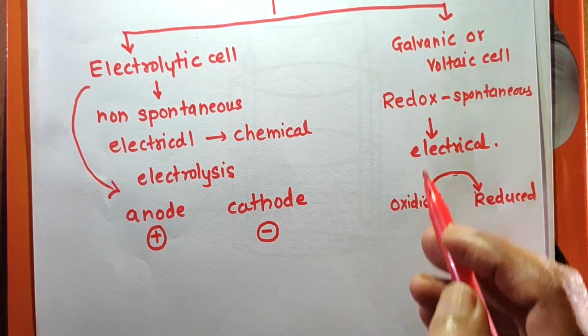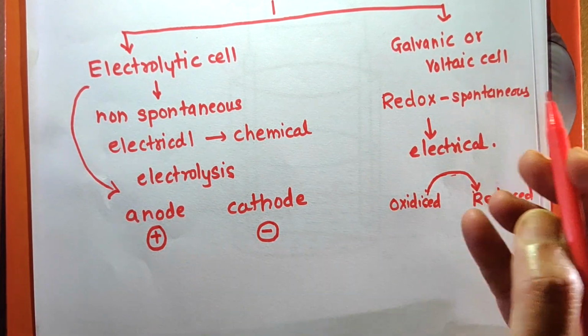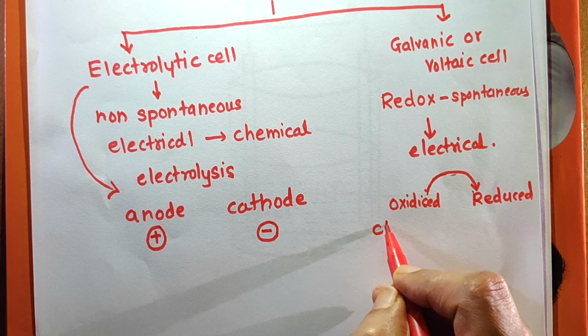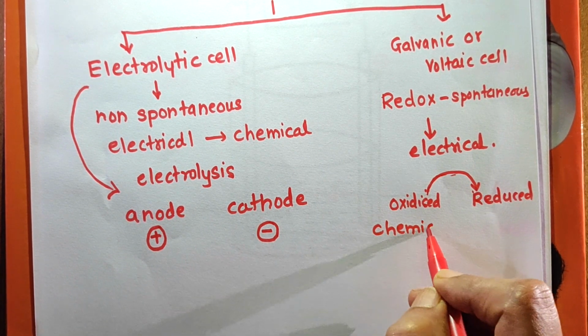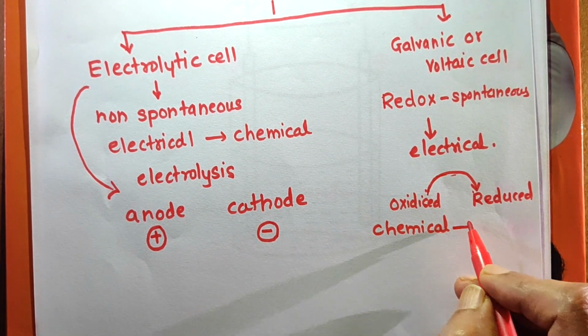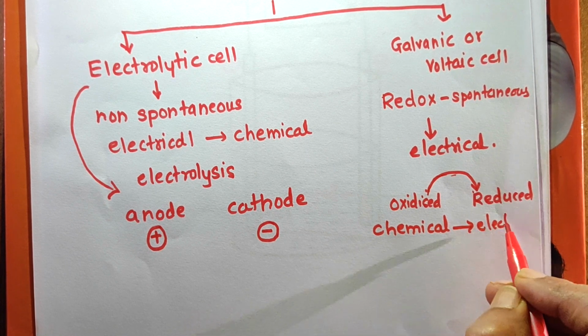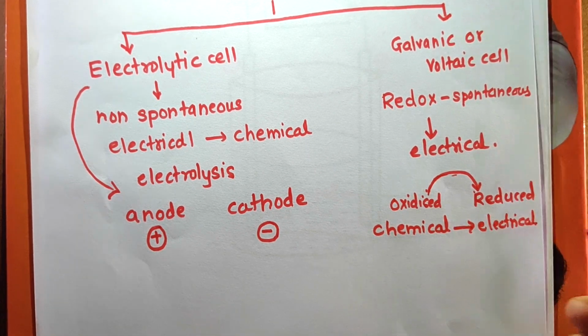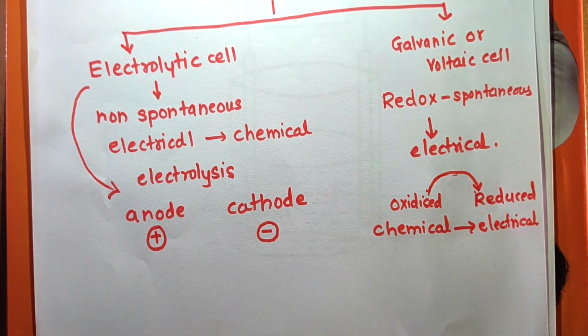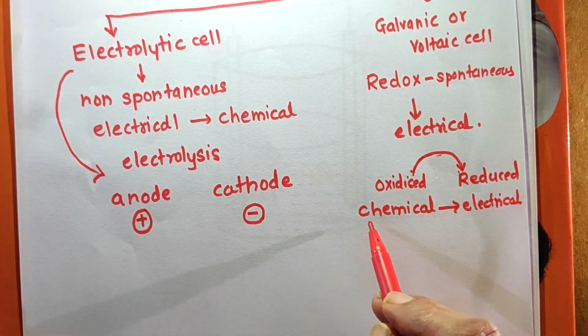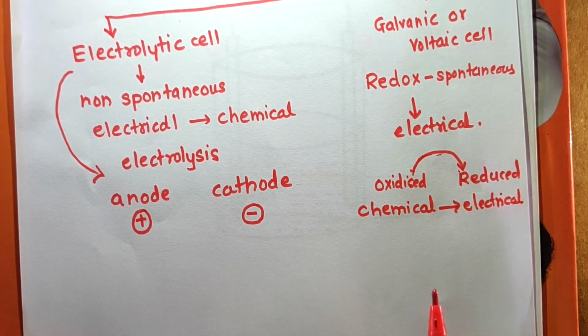Here the reaction is spontaneous. Here chemical energy is used, and this chemical energy is converted into electrical energy. In this galvanic cell or voltaic cell, remember, chemical energy is converted into electrical energy.